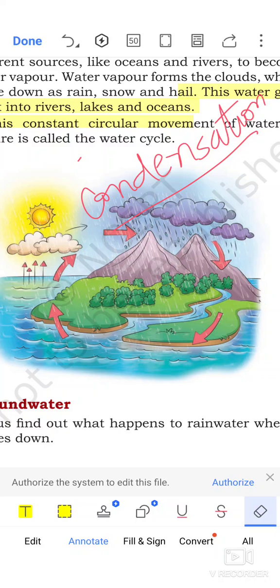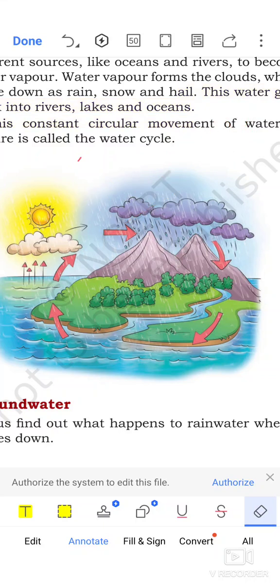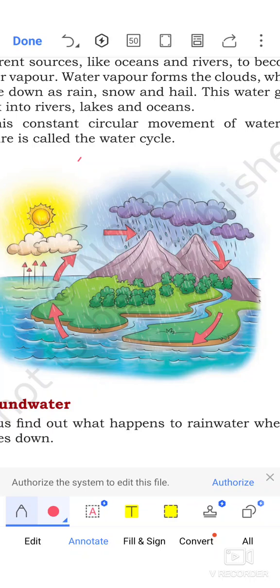And when these clouds get the cool air, the big droplets are not able to hold on, so the droplets come to the earth's surface.